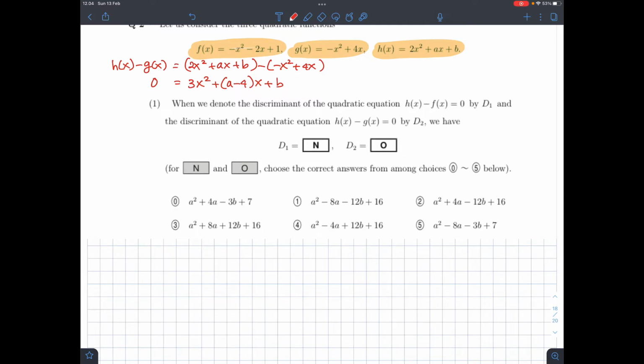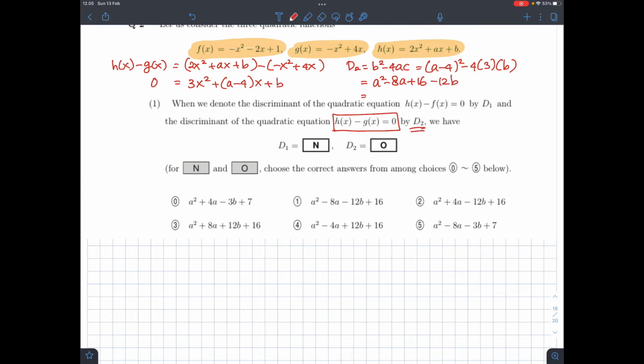And for hx minus gx, we also find the discriminant, discriminant d2. Okay, d2 equals b squared minus 4ac, right? Okay, b squared is from here, this is b, and this is a, and this is c. So b squared minus 4ac, so we get a squared minus, we expand the first part, 8a plus 16, this is the expansion, and minus 12b.